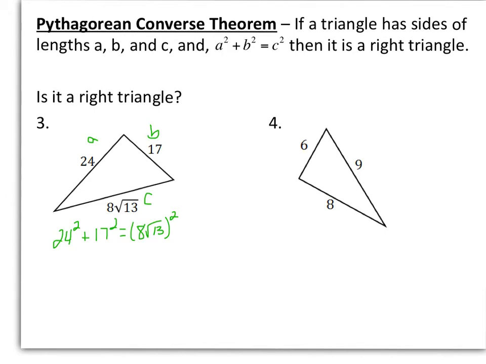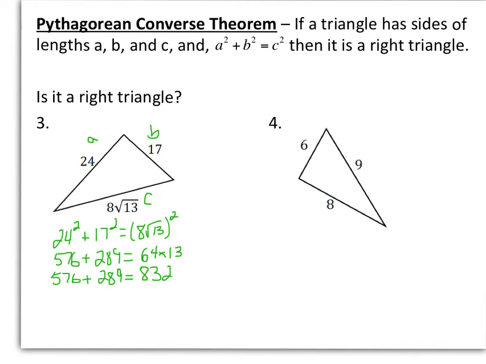Okay, so 24 squared, 576. 17 squared, 289. Now when you square something with a square root, we're going to square both our terms, so 8 squared, 64, and then square root of 13 squared is just 13. So then if I take 64 times 13, I get 832.